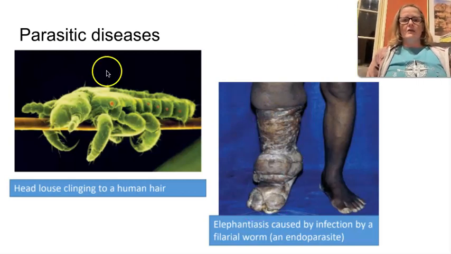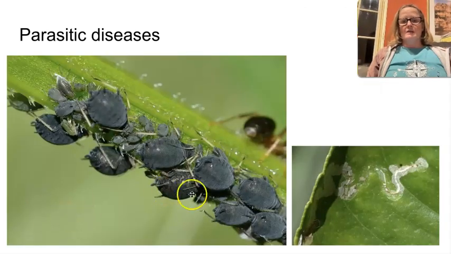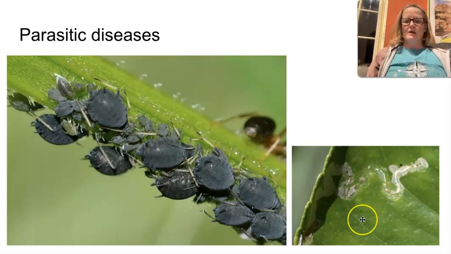You can also get lots of parasitic diseases on plants, so you could get things that live on the outside of plants, like these black fly or aphids, but also things that live inside the tissue. So they've got a little miner here, a leaf mining worm that's going through the citrus leaf, and again, destroying its ability to photosynthesize efficiently.